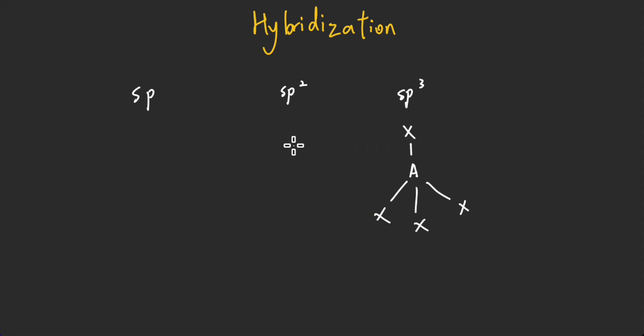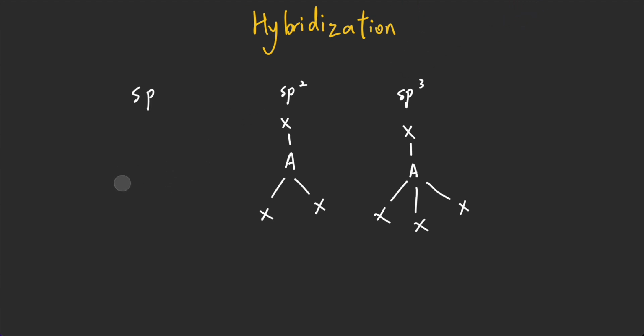The sp2 is trigonal planar in molecular geometry, and the sp is linear. But this is not actually important.